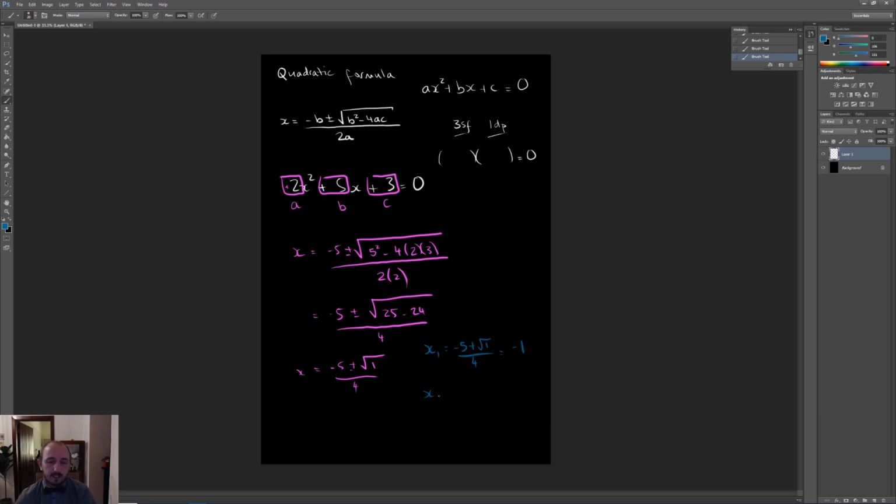For our x2 value, we're going to have minus 5 minus root 1 over 4. This is where the plus minus is really important because we're going to be using the plus for one of the x values and minus for the other. Minus 5 minus 1 is minus 6 over 4, or minus 3 over 2, minus 1.5. Okay, so we have our 2 values for x using the quadratic formula.